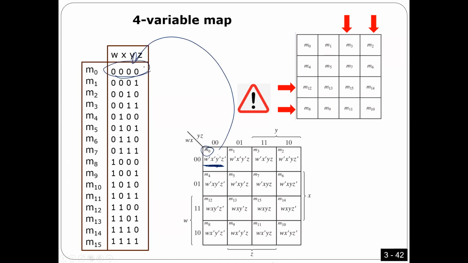In order to be this min term, because it is 0, it should be prime. Similar to what I did in 3 variables. Also, this square is in the area that is the intersection of W prime, X prime, Y prime, Z prime.